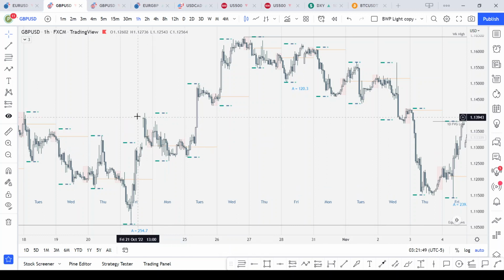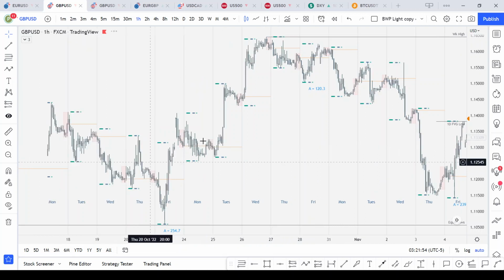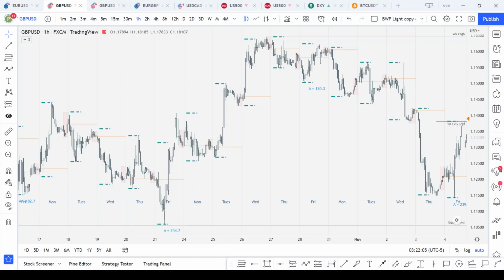When I posted this chart, when price was trading here, I posted, let me see if I can find it, just so I can show you.